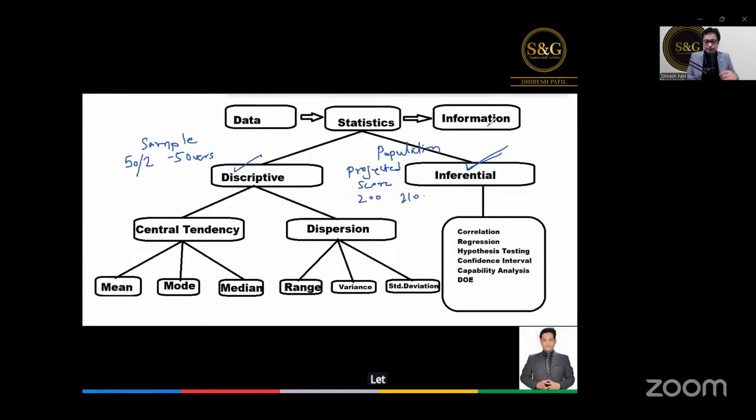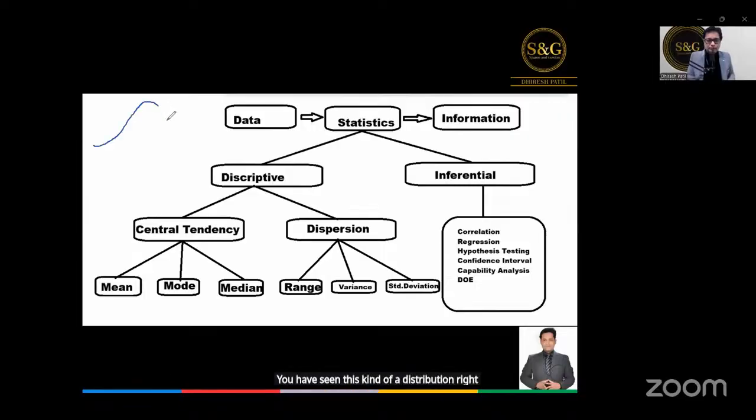Let's talk about when we collect the data. You have seen this kind of a distribution, right? Which is called normal distribution. In the normal distribution, there is a center. Let's say this dotted line is the center of that normal distribution.